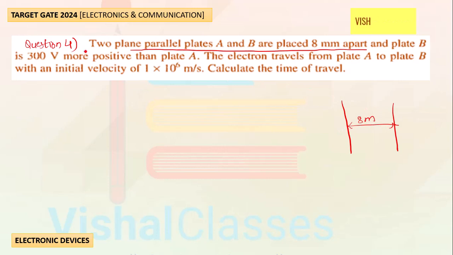Plate B is 300 volt more positive than plate A. An electron travels from plate A to plate B with an initial velocity of 1 into 10 raised to power 6 meter per second. Calculate the time of travel.